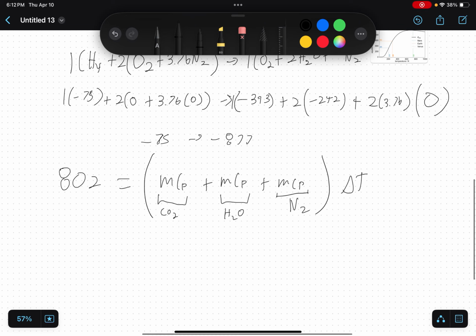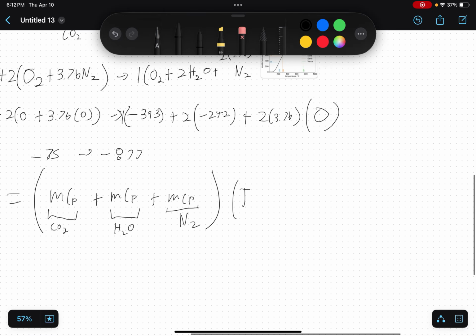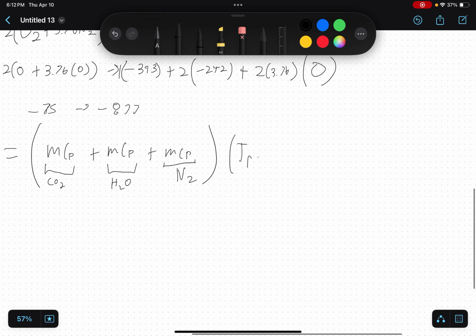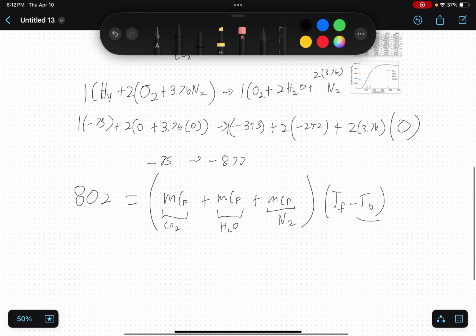So how will this temperature, well, I'm going to write T final minus T initial. All right, so let's assume initial temperature is the same. This is the same, that's the same. So what's going to happen to the T final?